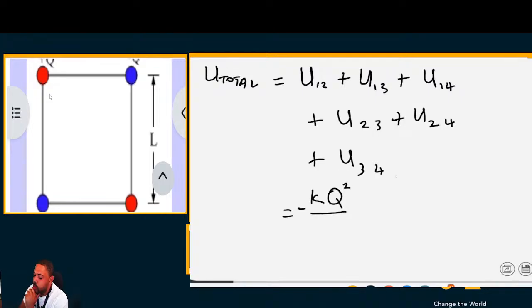Remember, electric potential energy is equal to K Q1 times Q2 over the distance between them. Let's rather say Qi and Qj over the distance between i and j.